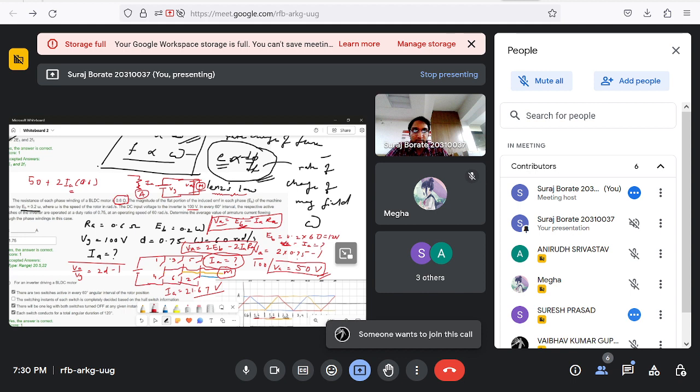So what exactly is a PMSM motor? What is the main difference between BLDC and PMSM? It looks completely like a BLDC motor, right? Whatever the construction and all. So what is the difference? In a PMSM, the magnetic field is synchronous with the current flow, whereas in BLDC it is not.